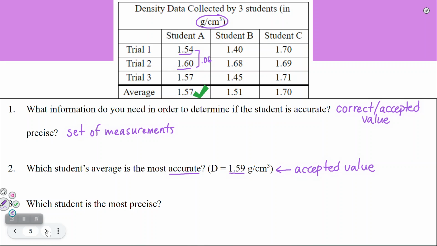For student B, the highest was 0.68, lowest was 0.40, so your difference is 0.28, which is kind of a lot. And here, your lowest was 0.69, highest was 1.71, so the difference between those measurements is 0.02. So in this case, student C would be the most precise.